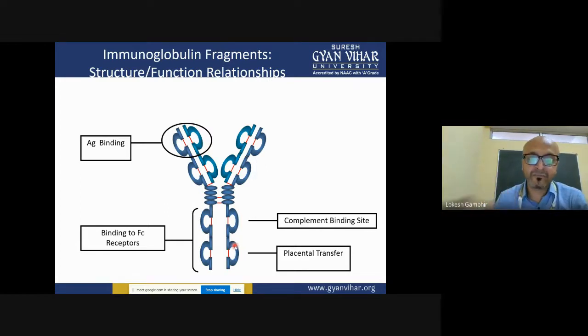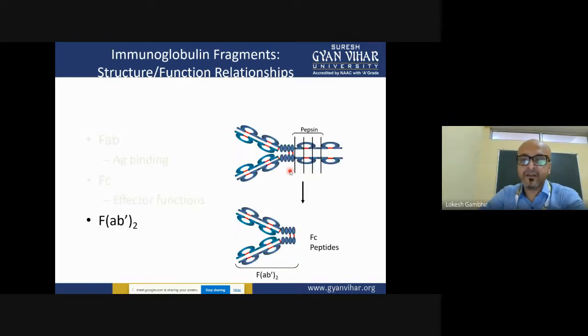It can cross the placental barrier based on this region. If you remove or mutate this region, the antibodies will never be able to cross the placenta. And the second domain of the constant region is responsible for activating the complement pathway, which is a part of your innate immune system.